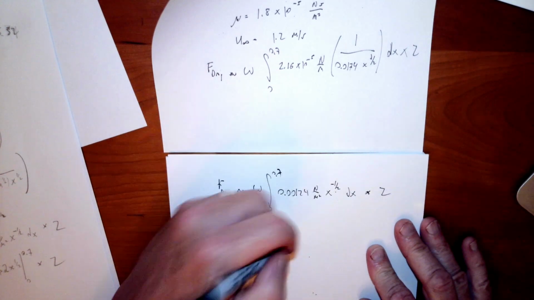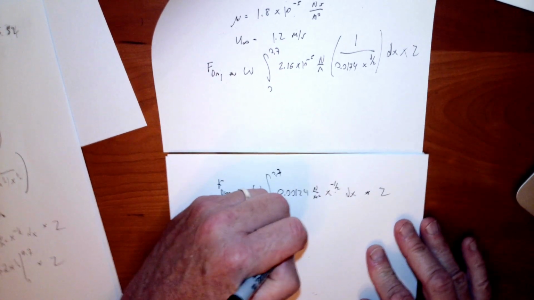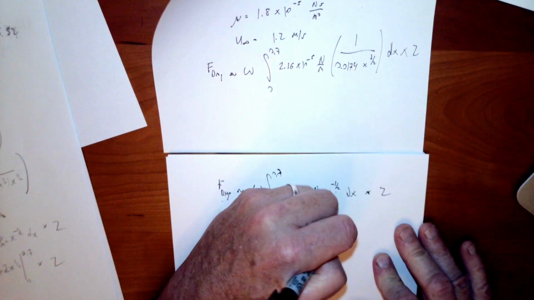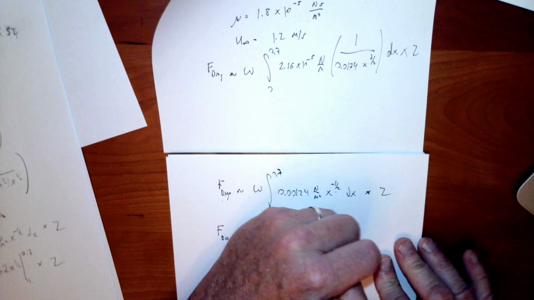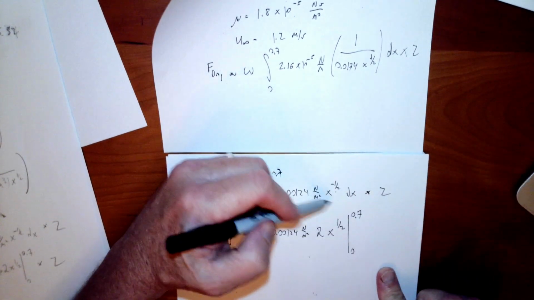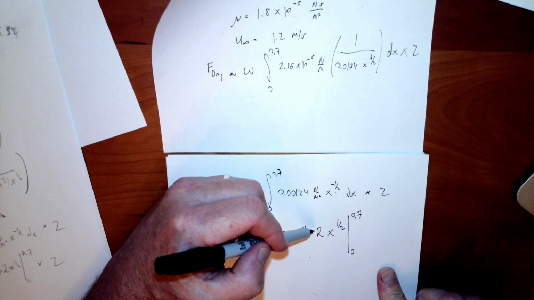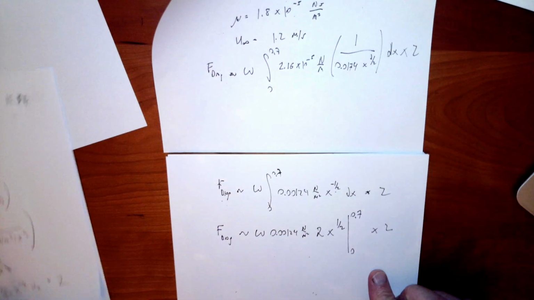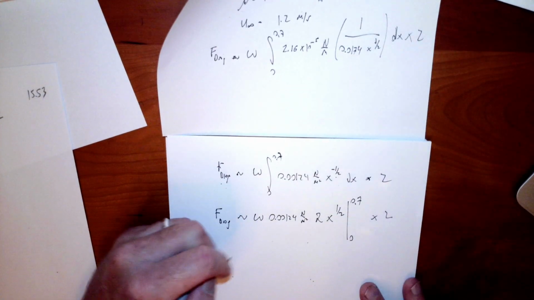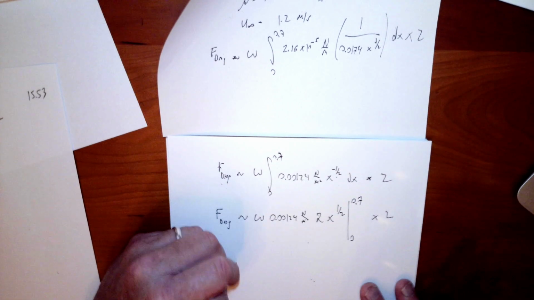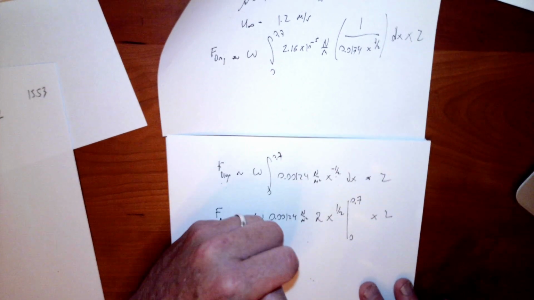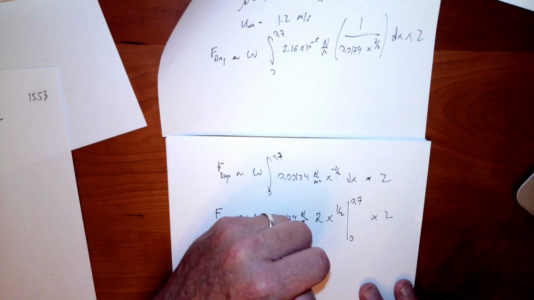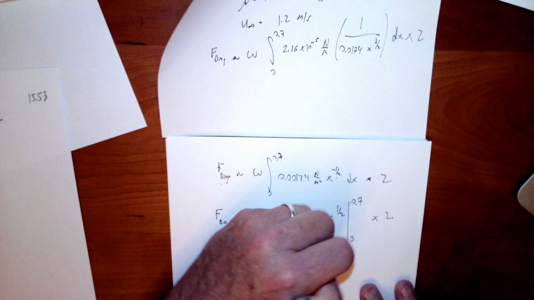So, we had to do a little work to get here, but it's not a hard integral. It's just W, then the constant, 0.00124. And then I have 2 times x to the 1/2. So that's the integral evaluated at 0 and 0.7. So the integral of x to the negative 1/2 is just x to the 1/2 times 2. And of course, I'm still multiplying everything by 2 because I still have two surfaces. And so I end up that the drag force here is W times 0.00248, because I multiplied 2 times 0.00124, times x to the 1/2 evaluated at 0 and 0.7.